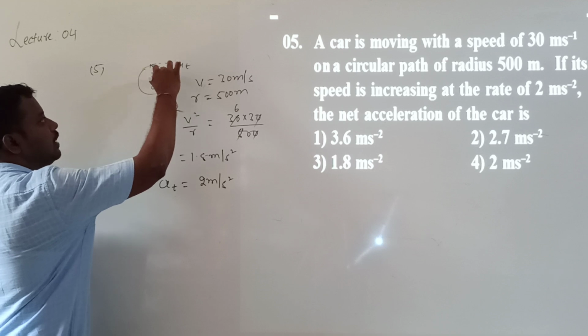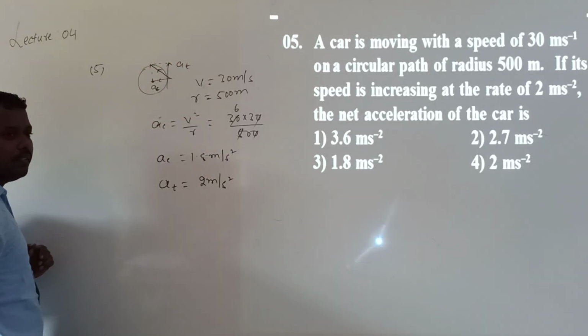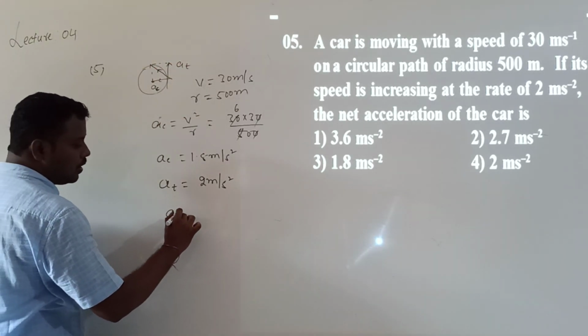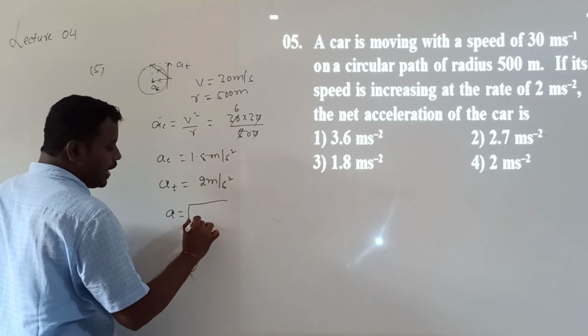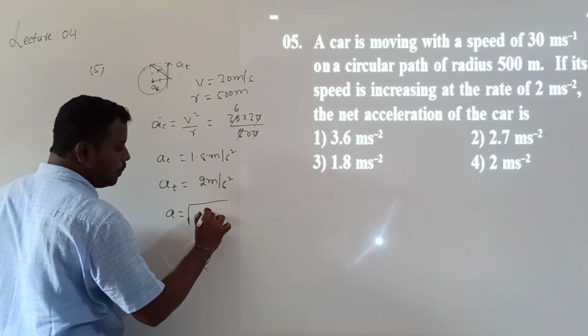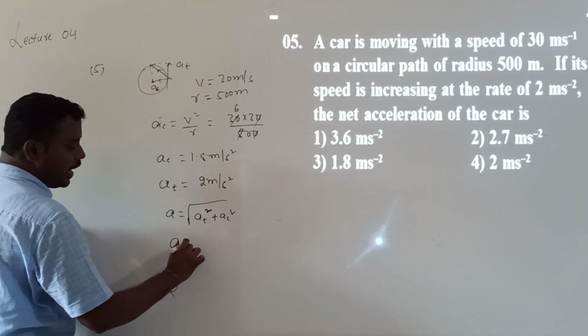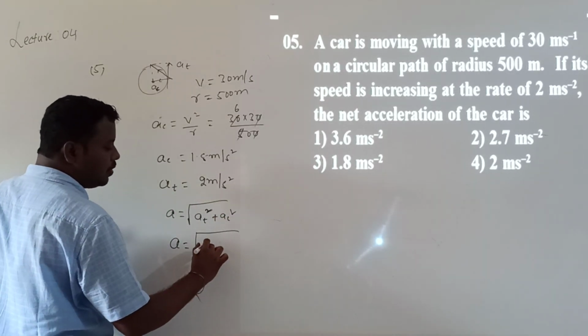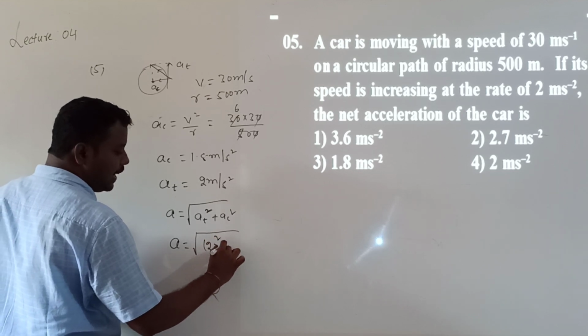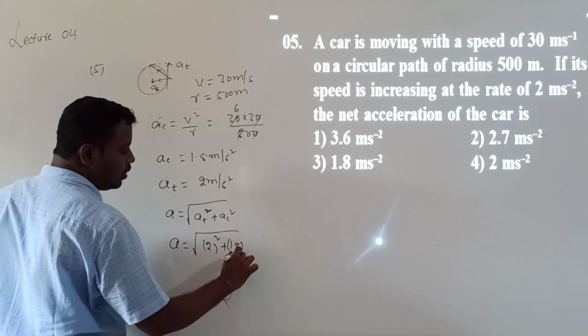The resultant acceleration is given by the parallelogram law: A is equal to root over AT square plus AC square. AT is 2, so 2 square plus AC 1.8 whole square.